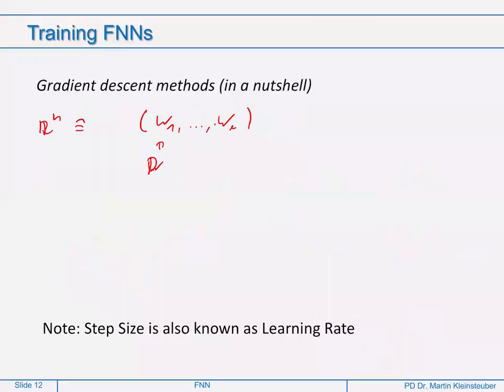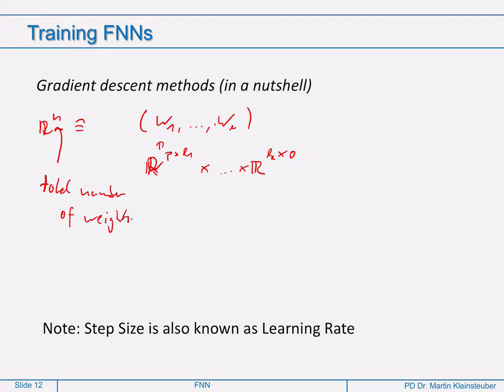This is a matrix in R, input P times L1, and then L times O for the output layer. So it's really a huge space, just the total number of weights.